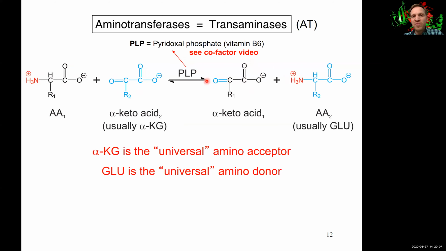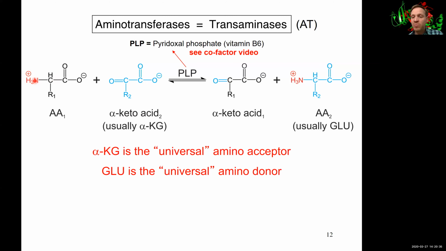There's an important cofactor here. That's PLP, or pyridoxal phosphate, or vitamin B6. So look at the additional video where I talk a bit more about what it actually is and why it's important. I won't go into the detailed mechanism of PLP. It will be sufficient for us here to say that PLP is a cofactor that holds the amino group in place after it's been removed from the amino acid.